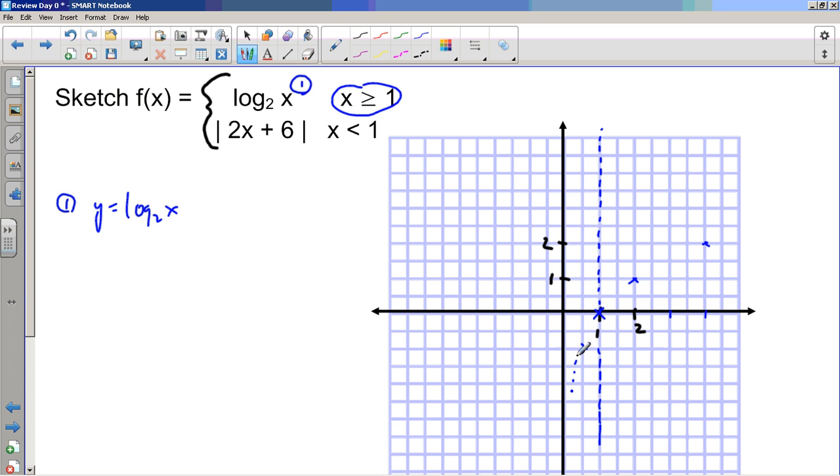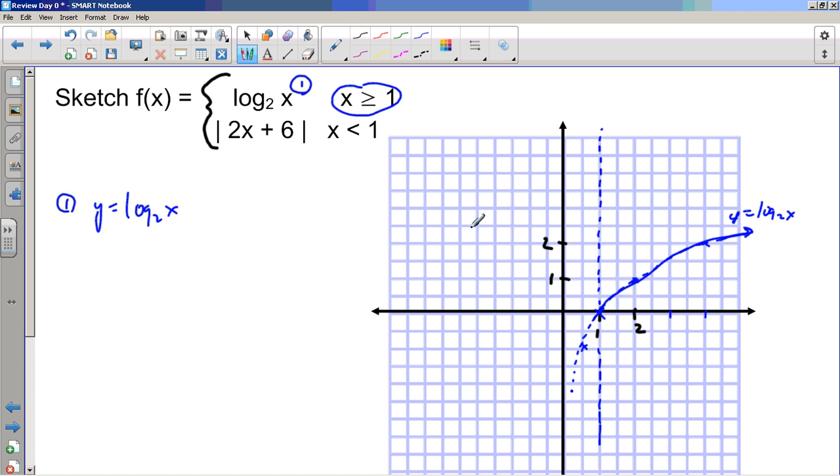This is the inverse of the 2 to the exponent x. But how does this work? Well, we're only going to use this blue graph on this side of the line x equals 1, right? Just this part.